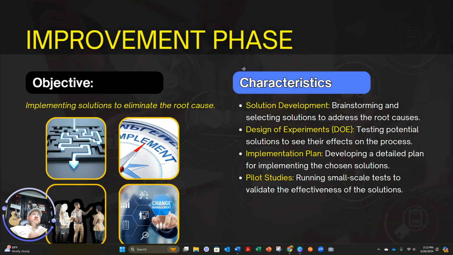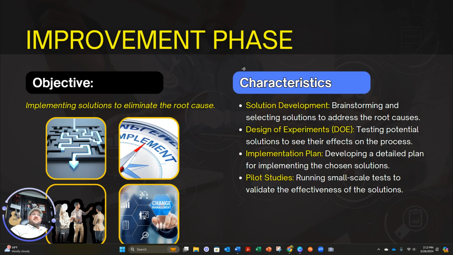During the improvement phase, this is where we're implementing solutions to eliminate the root cause. Some characteristics that we'll talk about are solution development. How do you brainstorm and select solutions to resolve the root cause? Design of experiments, testing potential solutions to see their effect on the process.